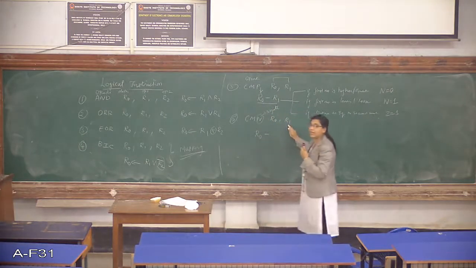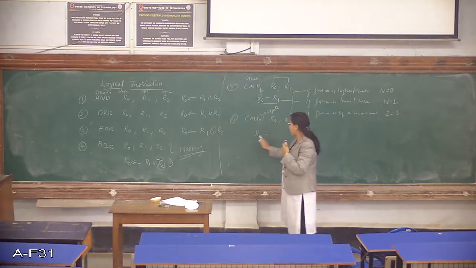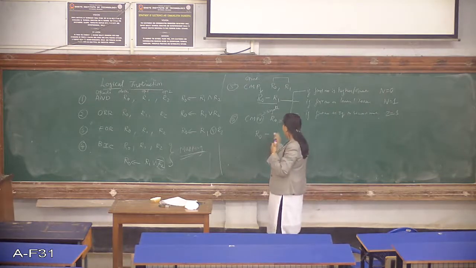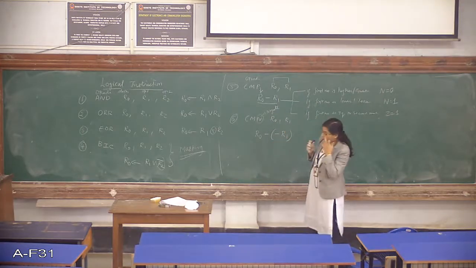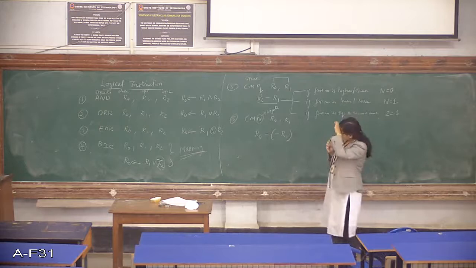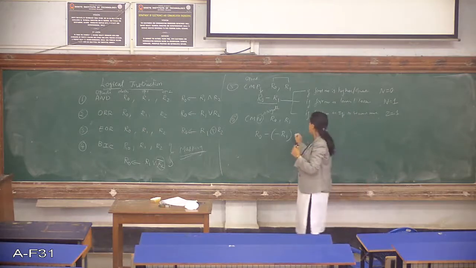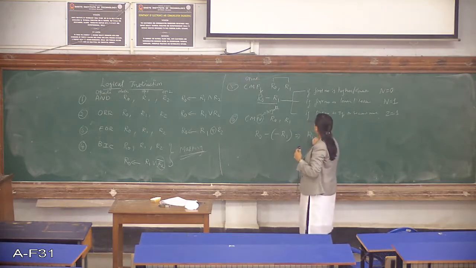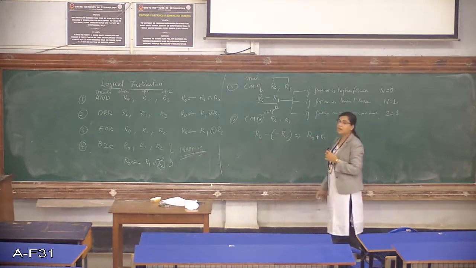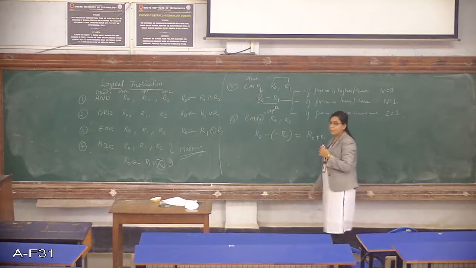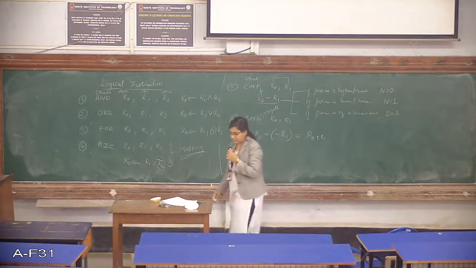The second register is negated. So you have R0 minus of minus R1, which is as good as R0 plus R1. So this is your compare negate instruction.